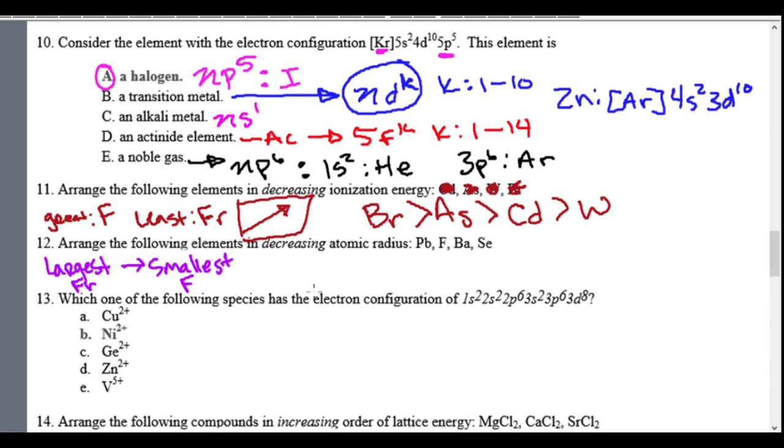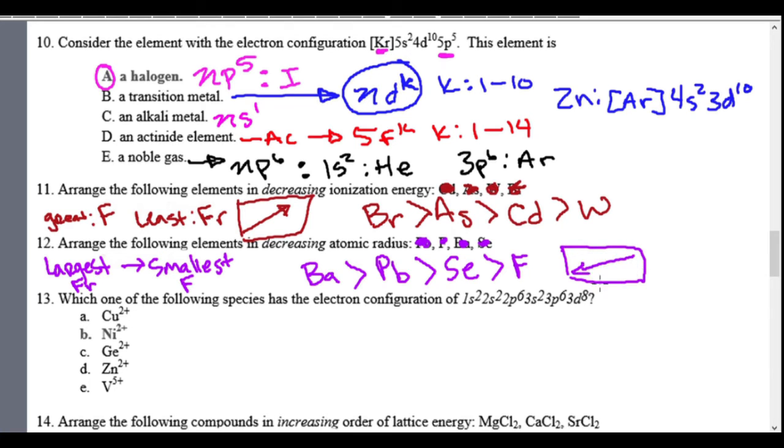Closest to francium is going to start with Ba, and that's greater than Pb, which is next. It's greater than Se, which is greater than F. Obviously, because F is the smallest. So the atomic radius trend is going to increase like that if you look at the periodic table.